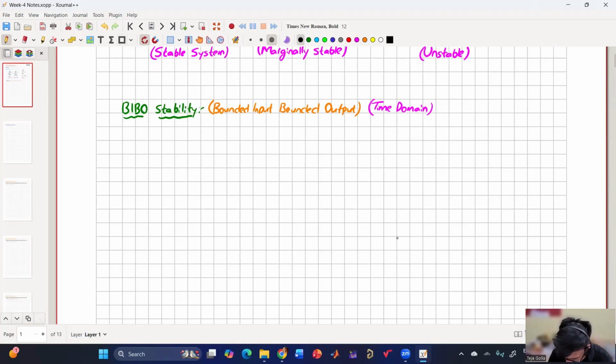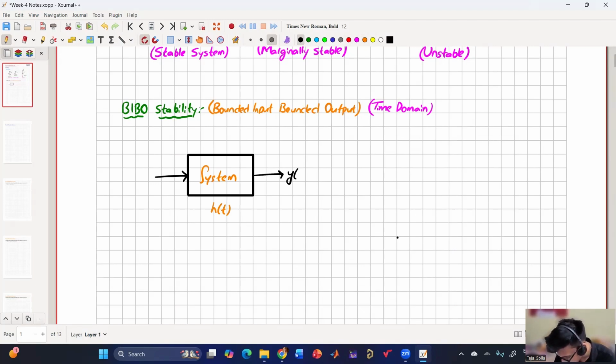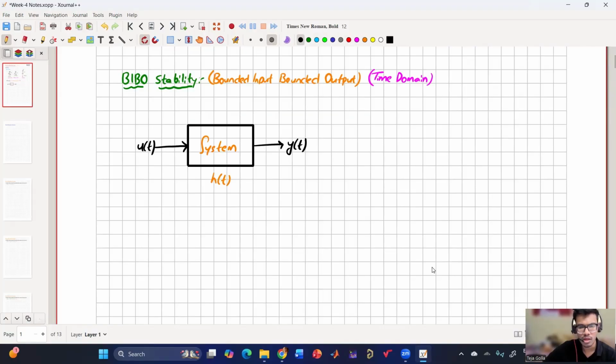So let me quickly draw one system. We have one system, say it is H of t, and we have U of t and Y of t. If the input is bounded, the output should be bounded if the system is BIBO stable. If it is not, then it is not BIBO stable.